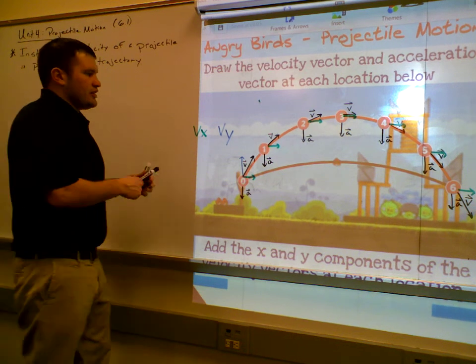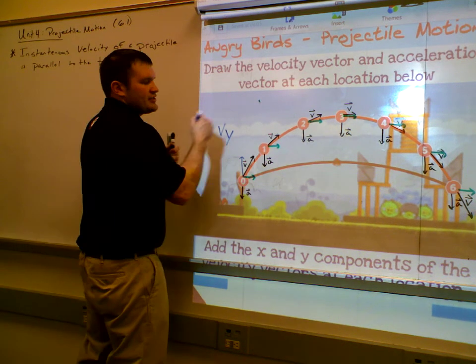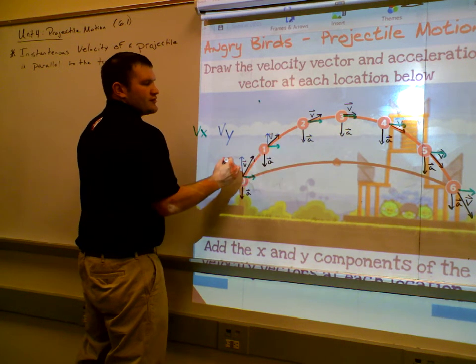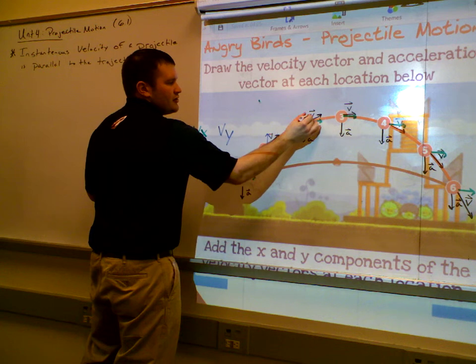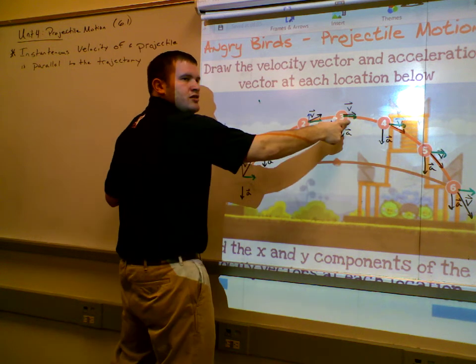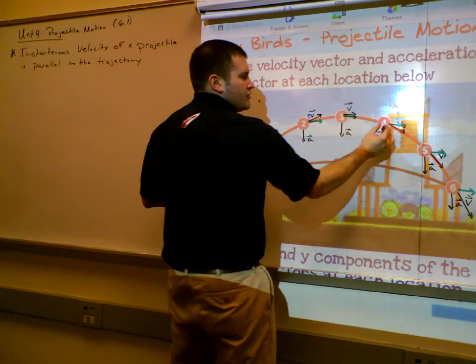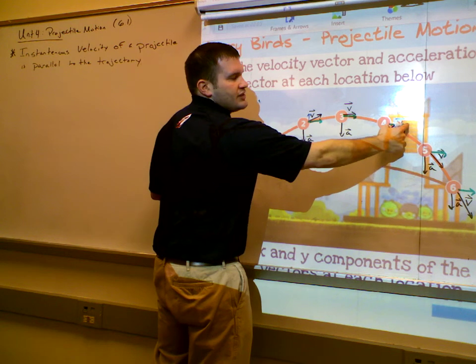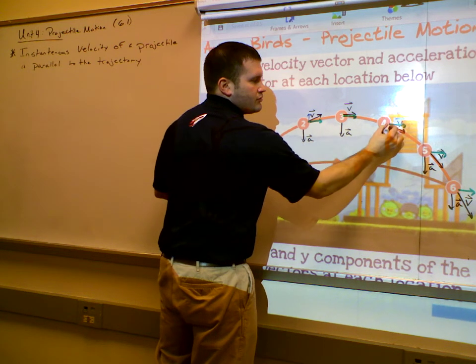So at this point, our vertical velocity is this length. What's the vertical velocity here? 0, right? So all these have been up. Now my vertical velocity is down.